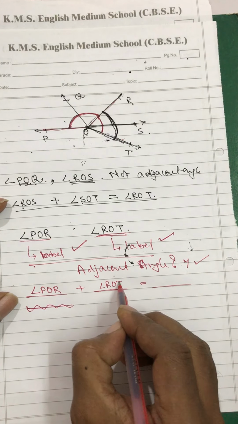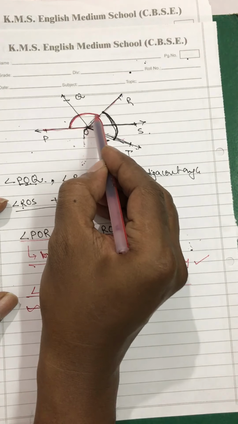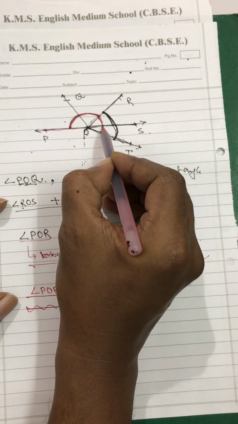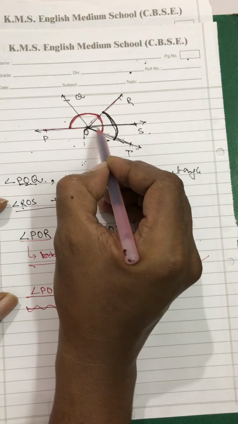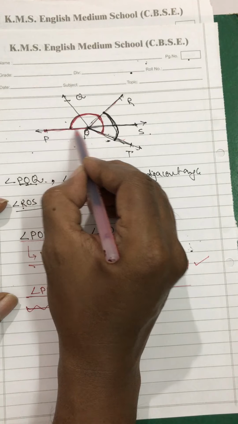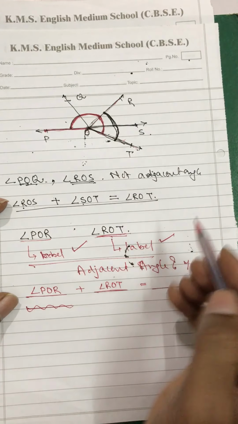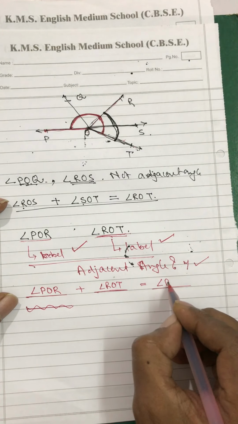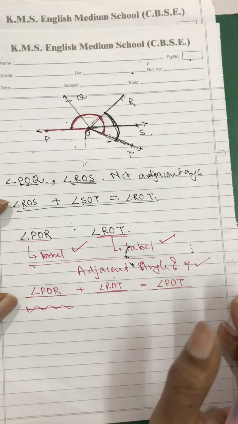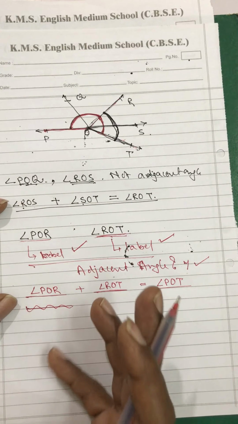See, POR and ROT, the full angle is going to be from this ray till this ray. What is this angle? Angle POT. This is something funny. Normally we don't do it in this fashion, but you have to understand. This is basically called a reflex angle.